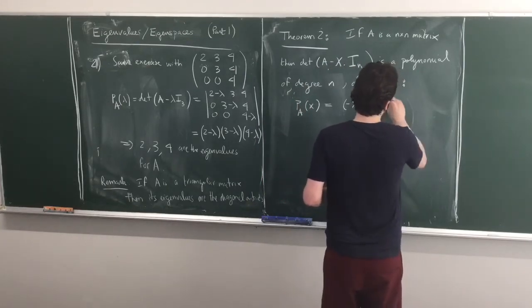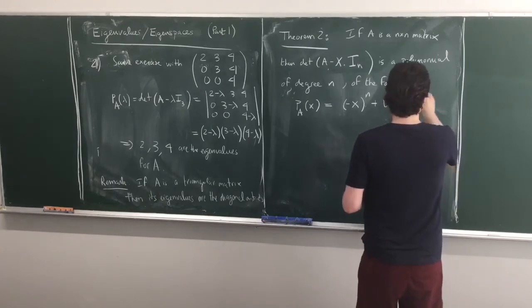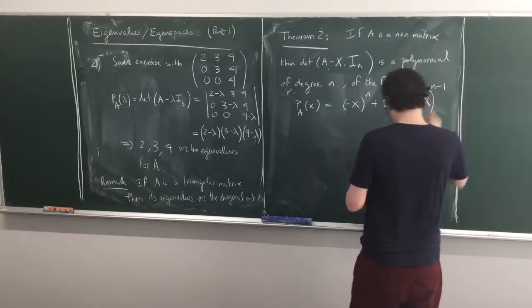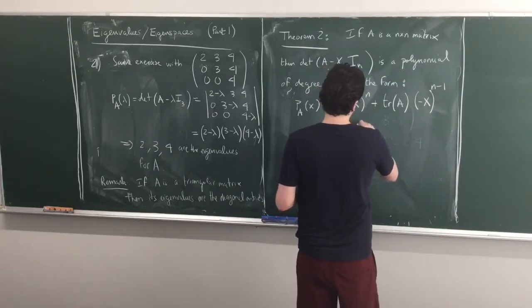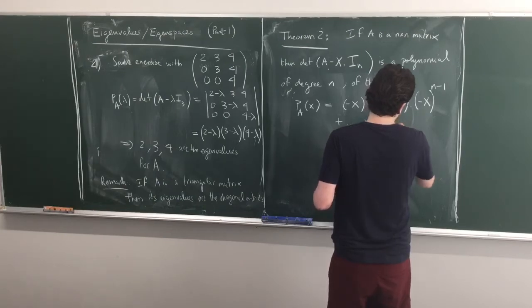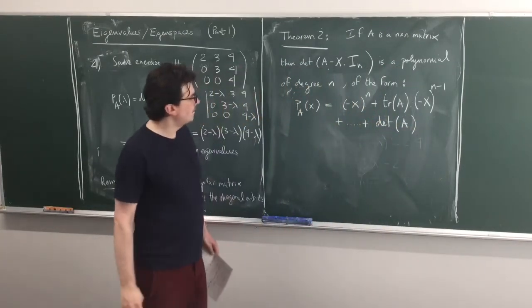Then you will have the trace of A times minus X to the power n minus 1, then 3 dots, and it will always finish with the constant coefficient, which is the determinant of the matrix.